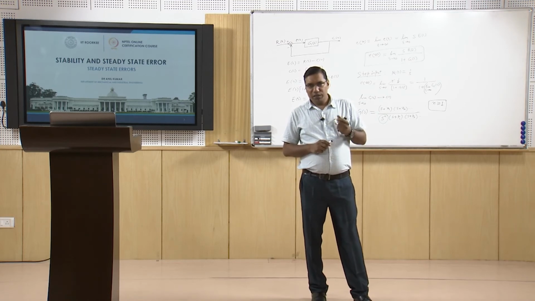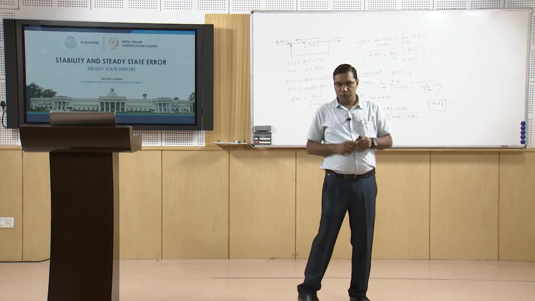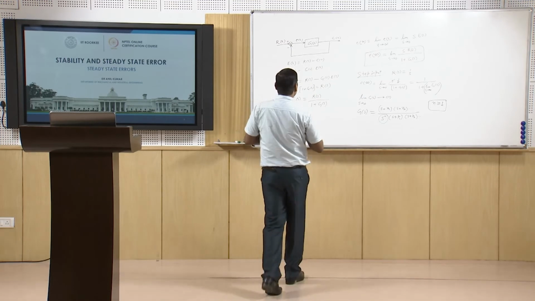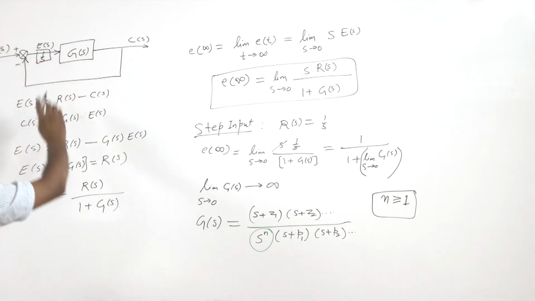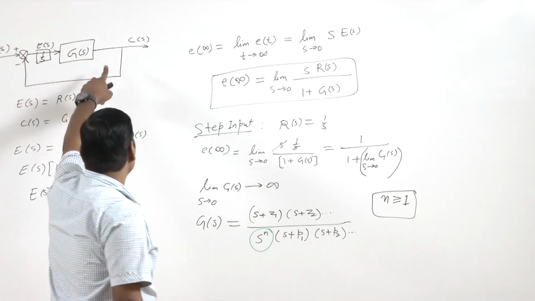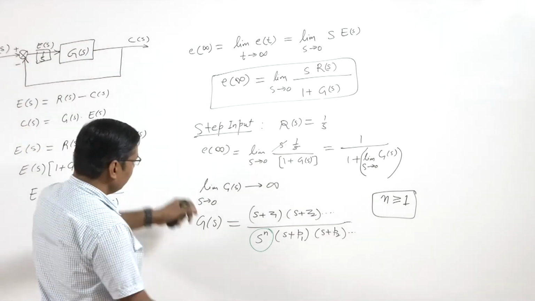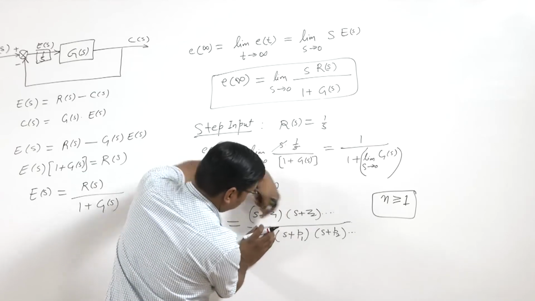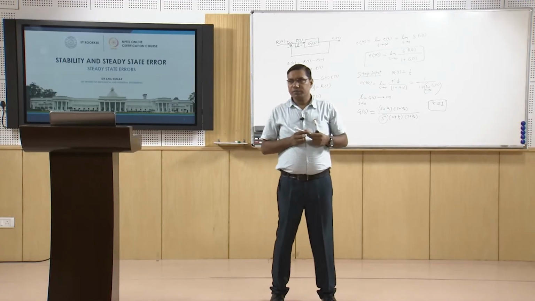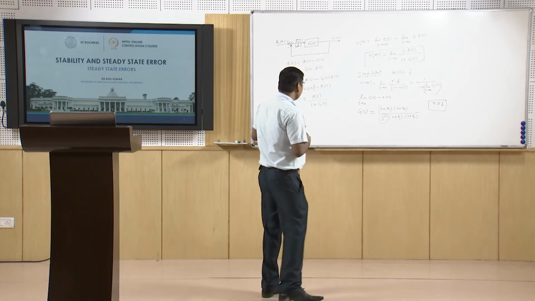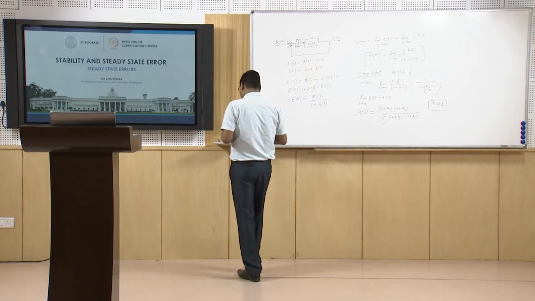So there should be one pure integrator in the forward loop. If there is one pure integrator, 1/s, then the transfer function is 1/s times this G(s), and the steady state error will tend to 0.